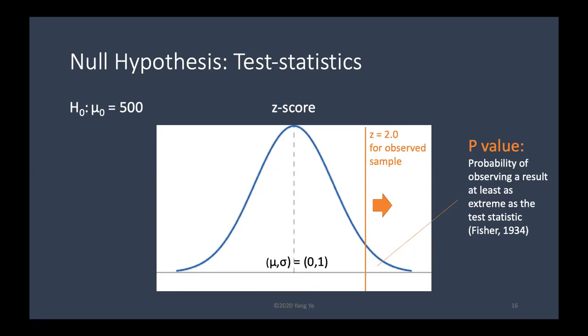Okay? Does that make sense? So the p-value is a concept that only applies to the condition where null hypothesis is true. Okay? That's very strict. So that's Fisher's definition about p-value. And again, Fisher only cares about H0 back in this time. Okay?